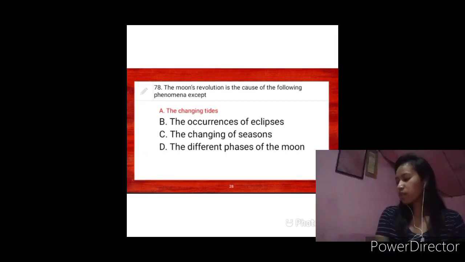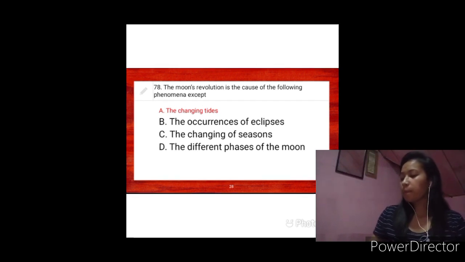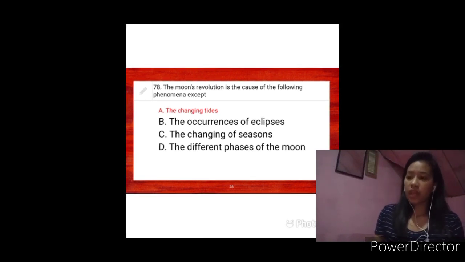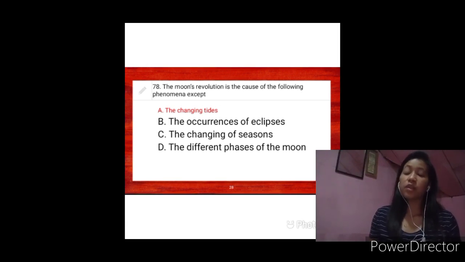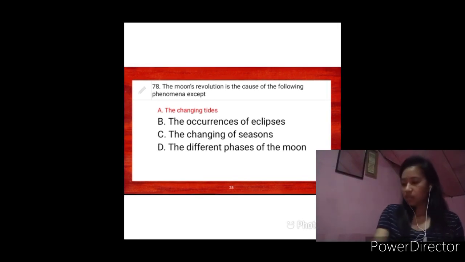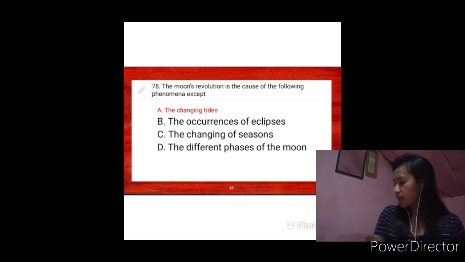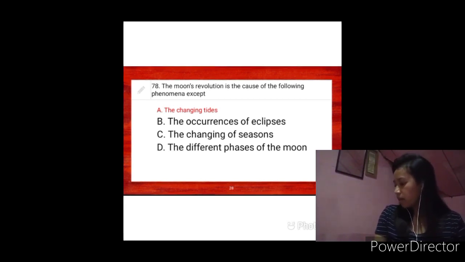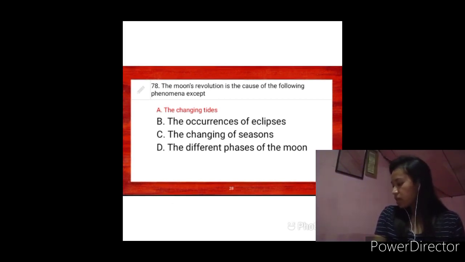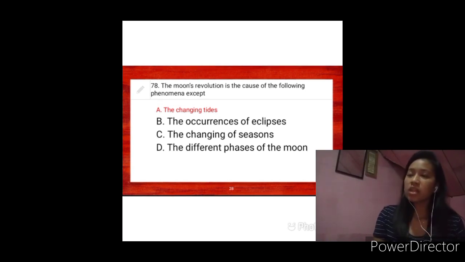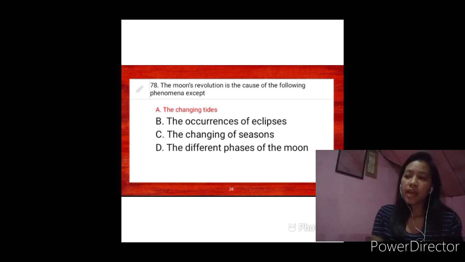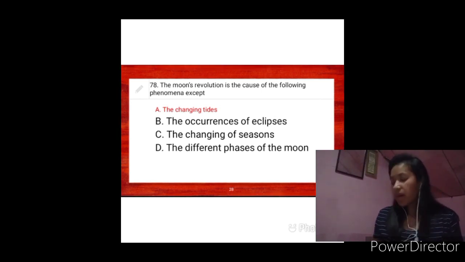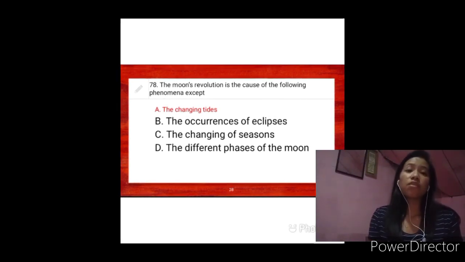So let's proceed to number 78. The question there is: the moon's revolution is the cause of the following phenomena except, and the choices there are: A, changing tides; B, the changing of seasons; C, the changing of eclipse; and D, the changing of the different phases of the moon.